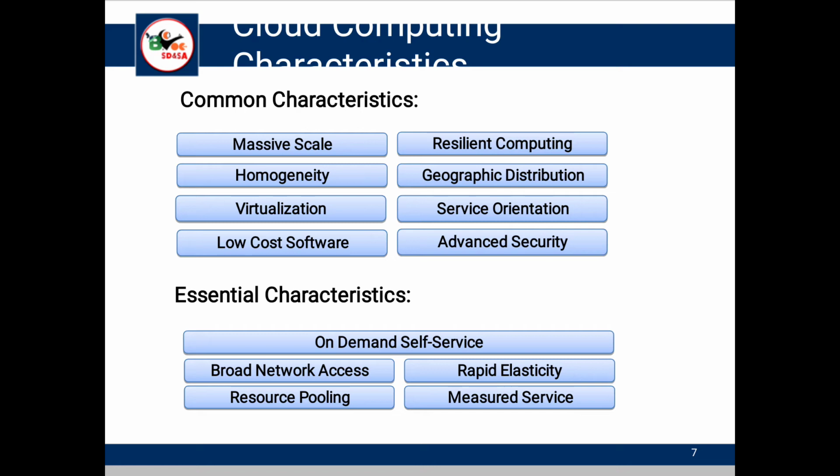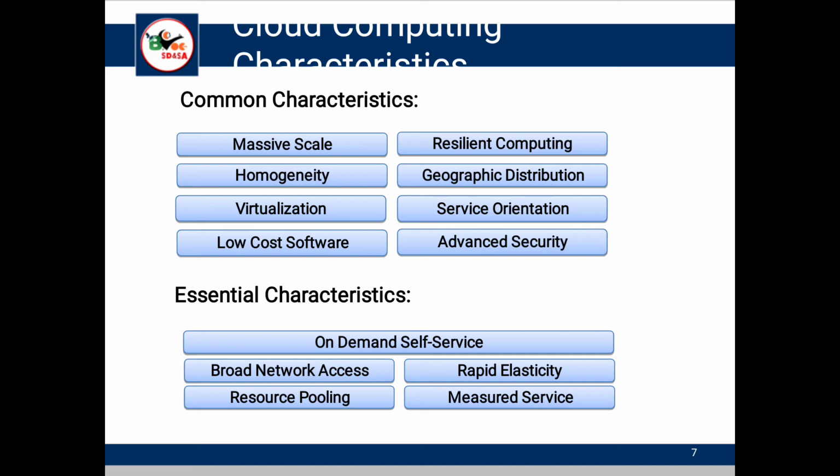Capabilities are available over the network and accessed through standard mechanisms that promote use by heterogeneous thin or thick client platforms. Examples of thin and thick clients are mobile phones, laptops, and PDAs. Next one, resource pooling. You can call resource pooling a multi-tenant model.